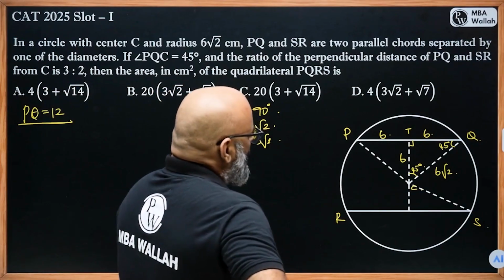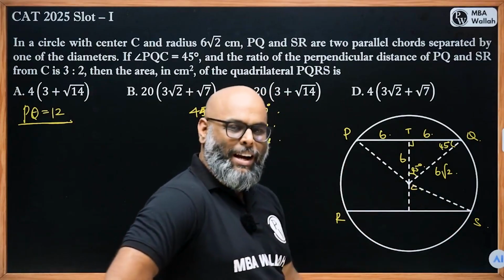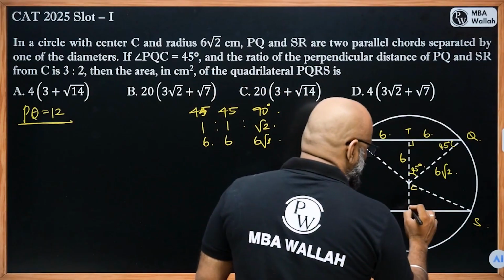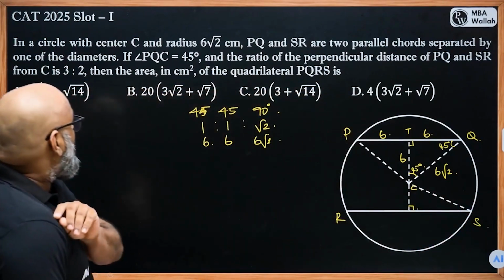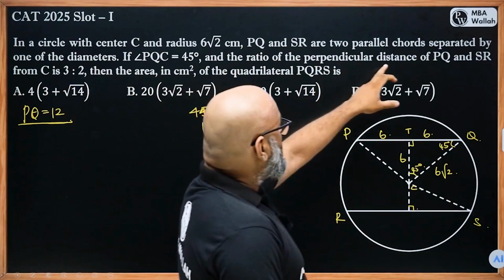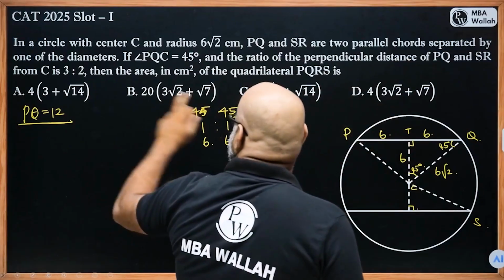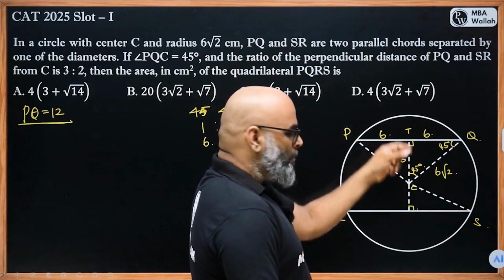Now, if I look at the other side from here, this is also a right triangle. I'll mark this to be 90 degrees, but we don't know the angles here yet. But there's one other piece of data that is intriguing here, which is the ratio of perpendicular distance of PQ and SR from C. From C, you draw a perpendicular to PQ.